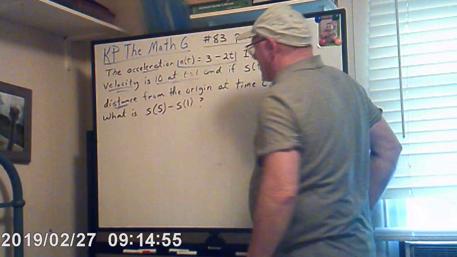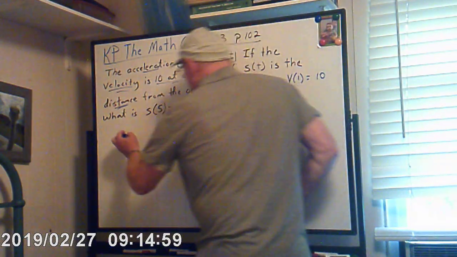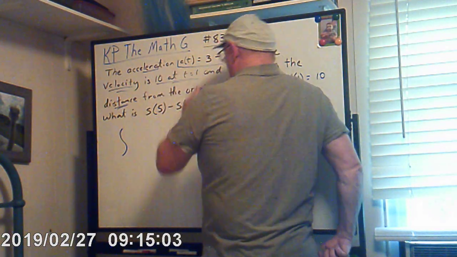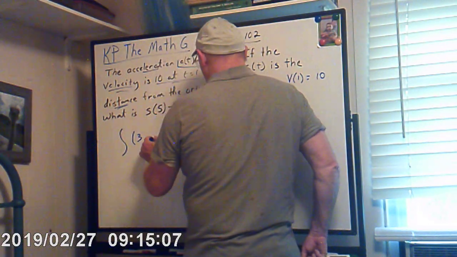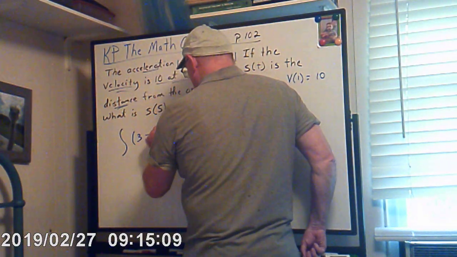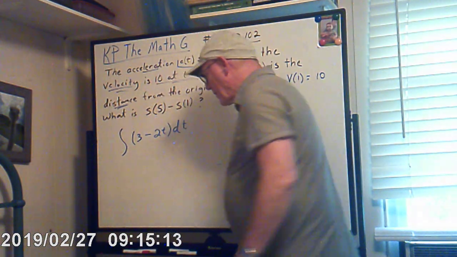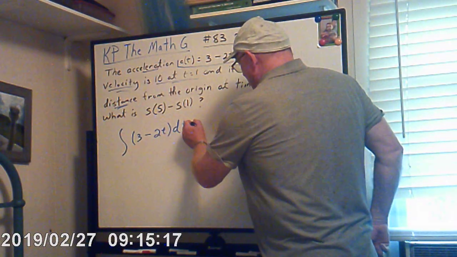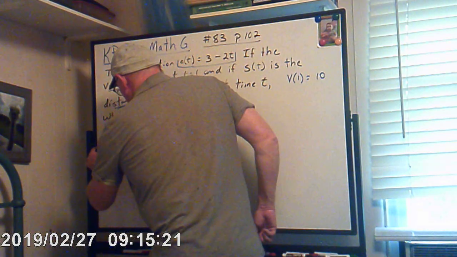Well, let's get started. We know we have to get to velocity, so let's go ahead and take the antiderivative. We don't know from where to where, so let's do the integral of 3 minus 2t dt. Now that is going to be simple, because that's going to be equal to v at t, by the way.